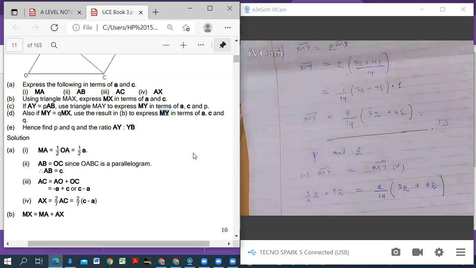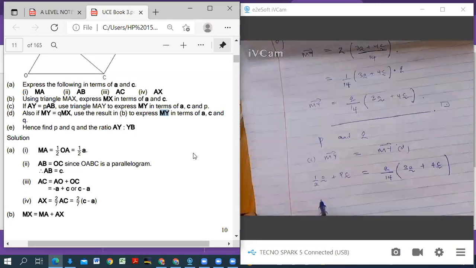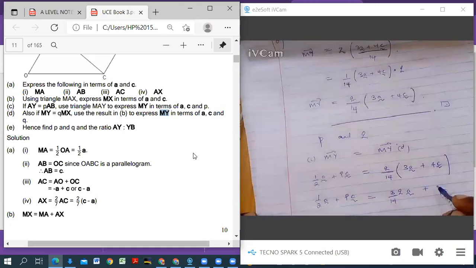But before that, let us open the brackets. So we shall have 1/2A plus PC is equal to 3 over 14 QA plus 4 over 14 QC.